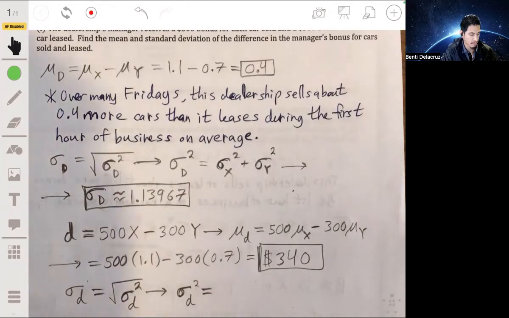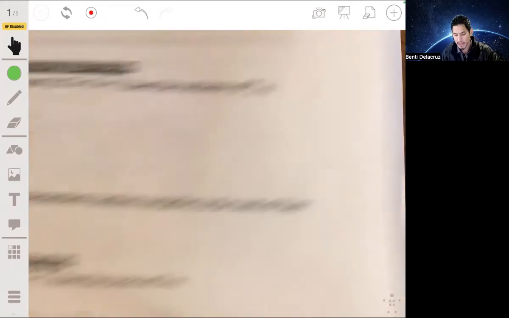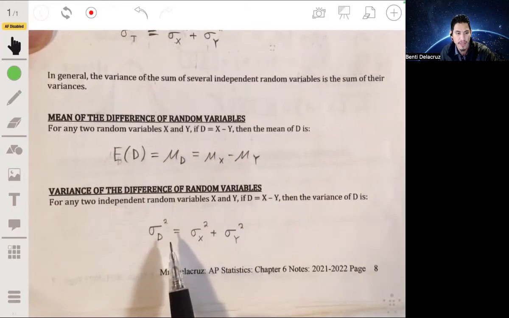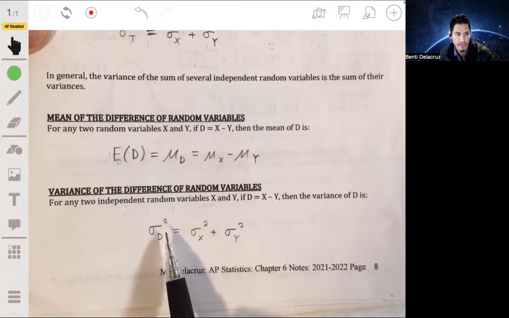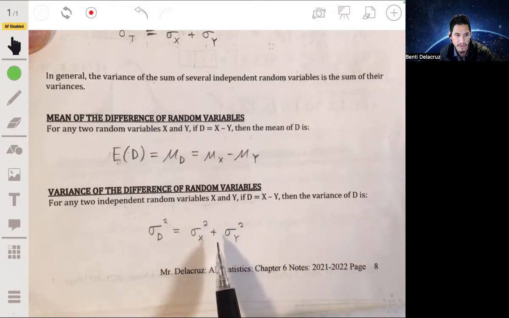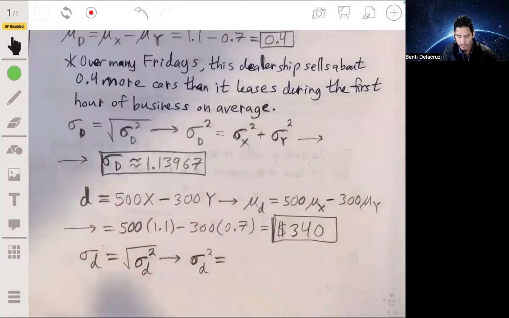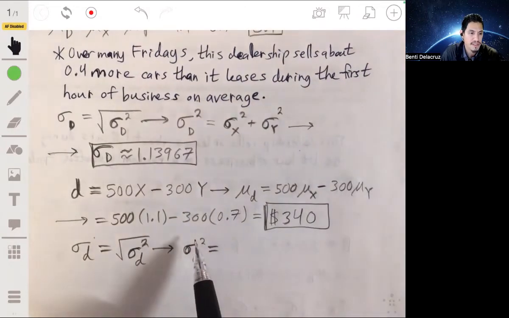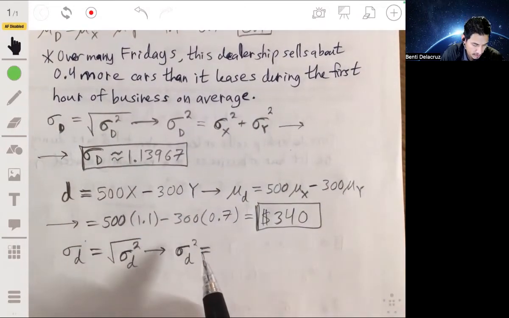We're still essentially applying this formula: the variance of the difference is equal to the sum of the variances of X and Y. Now, again, I won't spend too much time going over it, but it's the same principle as the previous part.